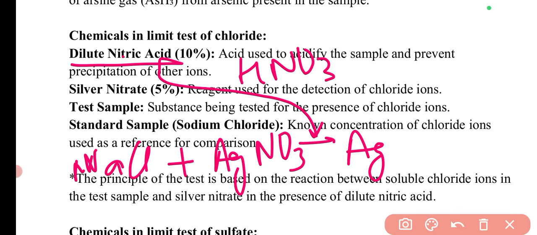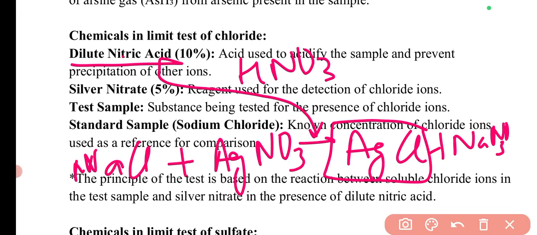It will produce AgCl plus NaNO3. AgCl is what? It is silver chloride, and this silver chloride quantity will be checked, like how much of it appears.